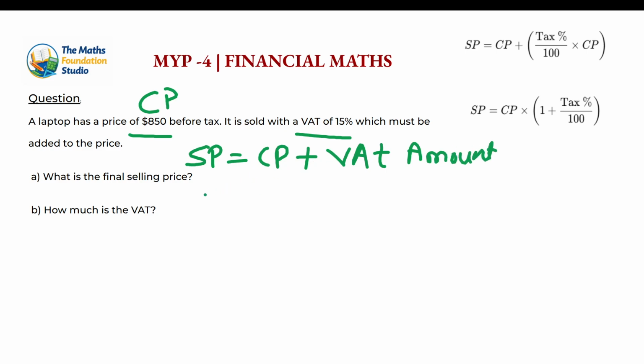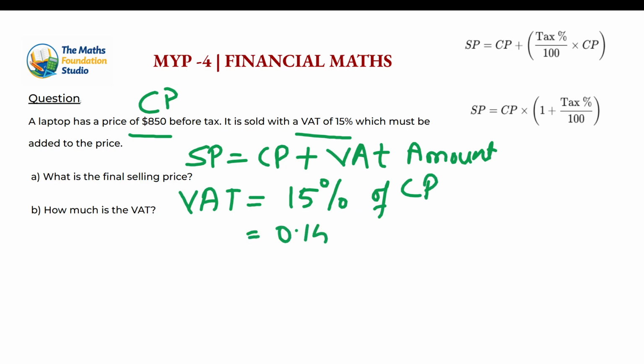So let's first try to find what is the VAT amount. So VAT amount would be 15% of cost price, which is 0.15 multiplied by 850, which comes out to be 127.5 dollars.